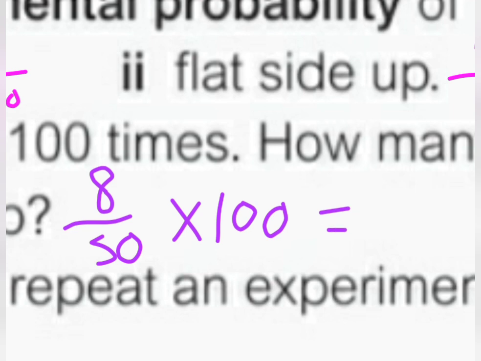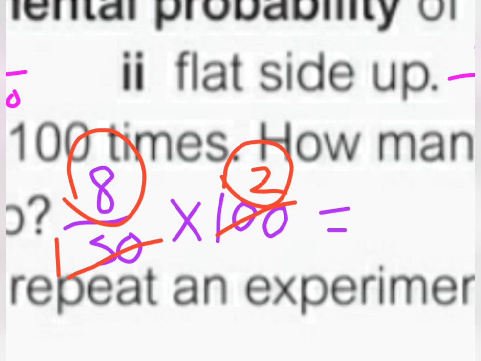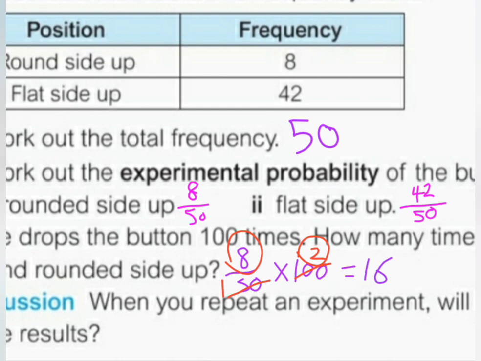When you have a question like this, you can simplify. When we divide 50 by 50, it's 1. Divide 100 by 50, it's 2. And then we multiply the 2 by the 8. It will equal 16. So the answer is 16 times that it will land on the round side up.